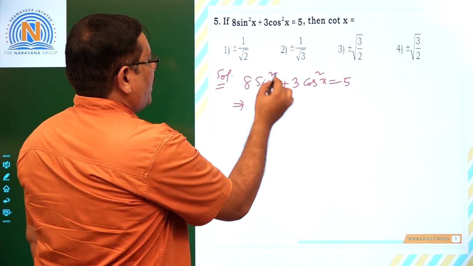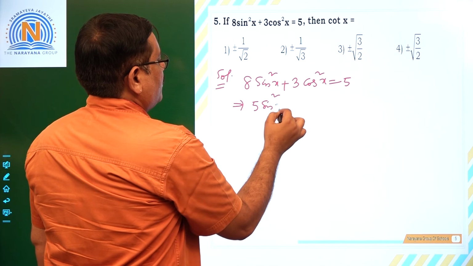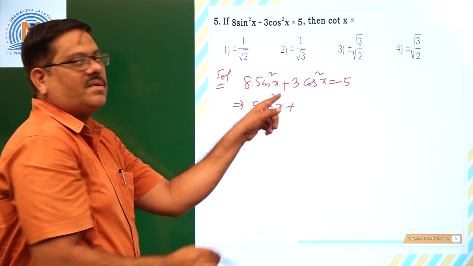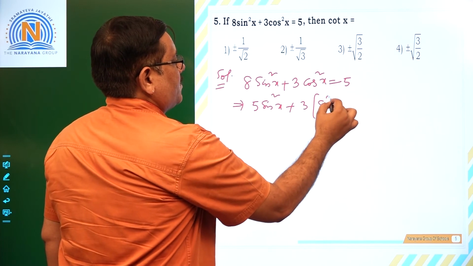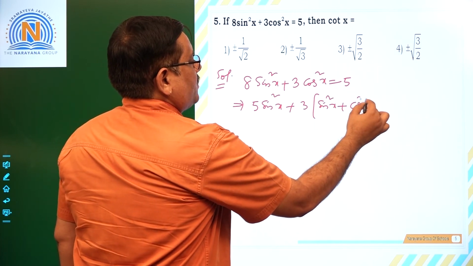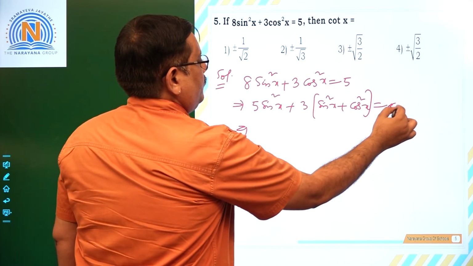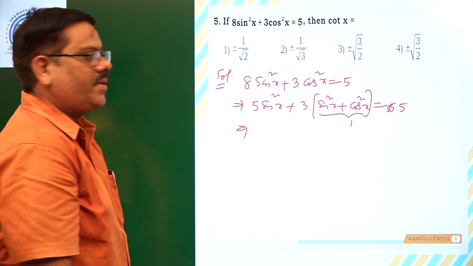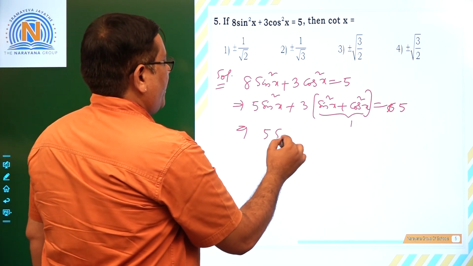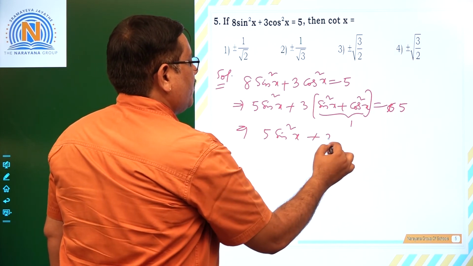That implies we can write it as 5 sin square x plus 3 sin square x plus 3 cos square x, so 3 times sin square x plus cos square x, and just regrouping, that is 5. This value is 1, it is an identity, cos square x plus sin square x is 1. So we have 5 sin square x plus 3 into 1, 3, that is equal to 5.